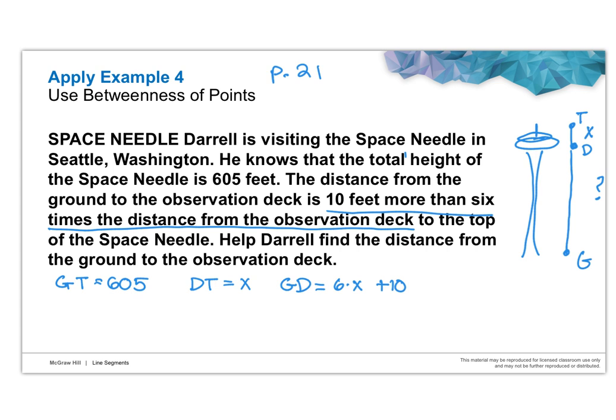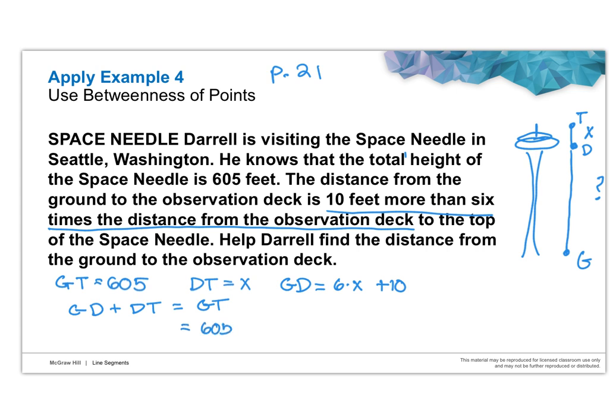Point D is lying between points G and T here. We can say that the measure of GD plus the measure of DT is going to equal the measure of GT. You can write this in the space next to the diagram, or in the margin next to step 3. Notice there's a box for the total. That's going to be our 605.